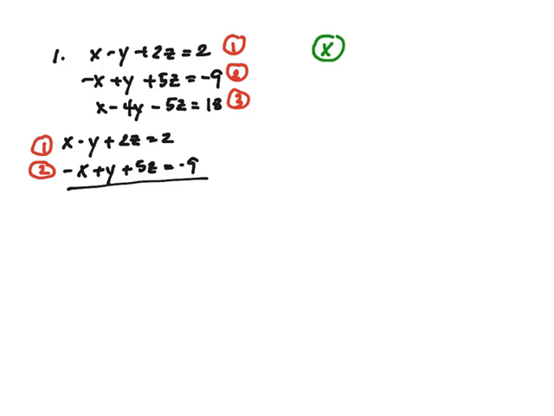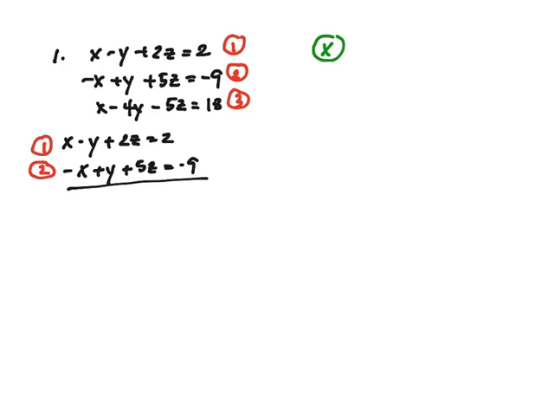Okay, I'm going to add those two. So when I do that, I have an x and a minus x. That means that I get rid of it. And also the y's, the negative y and the positive y, I reduce that down to 0.